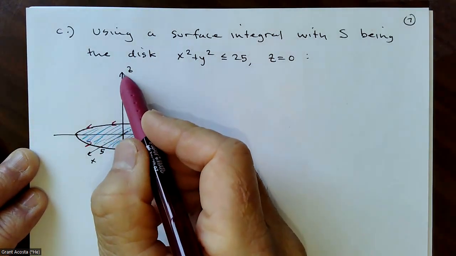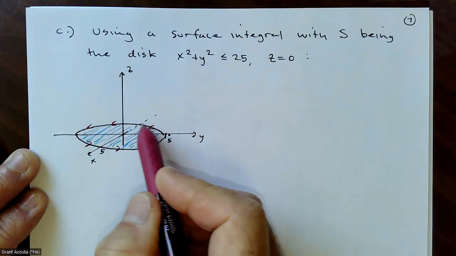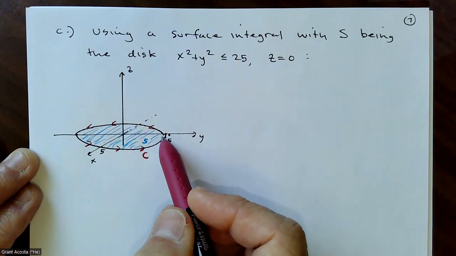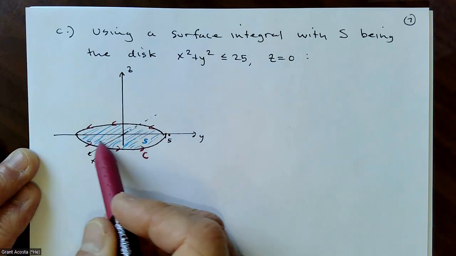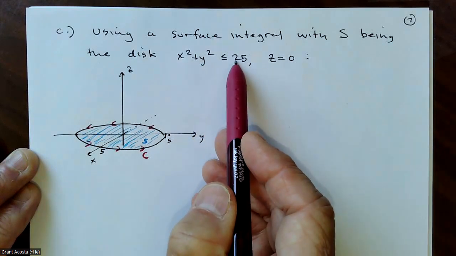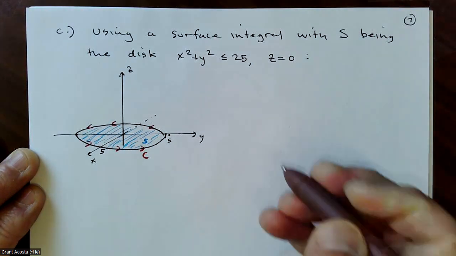We just did a surface integral for a cone that had this circle of radius 5 as its boundary curve. But if any surface is going to give me the same value, why not use the simplest surface? Why don't I just use this flat disk? x squared plus y squared is less than or equal to 25, with z being 0. And let's see what happens.